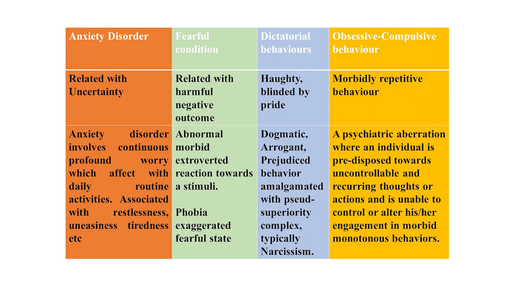It is a psychiatric aberration where an individual is predisposed, my students, the word I am using is predisposed, towards uncontrollable and recurring thoughts or actions, and is unable to control them. He cannot alter those thoughts or actions, and he is constantly engaged in that monotonous behavior. That is your obsessive compulsive disorder.